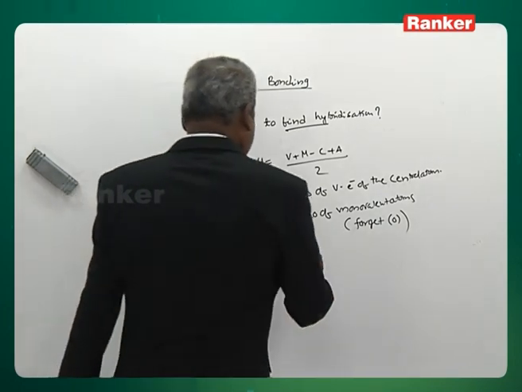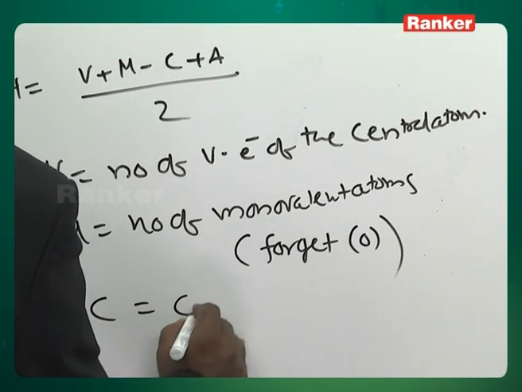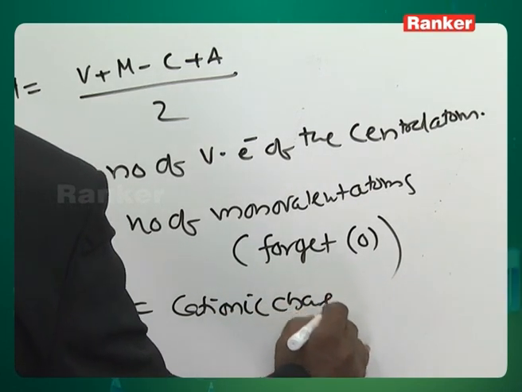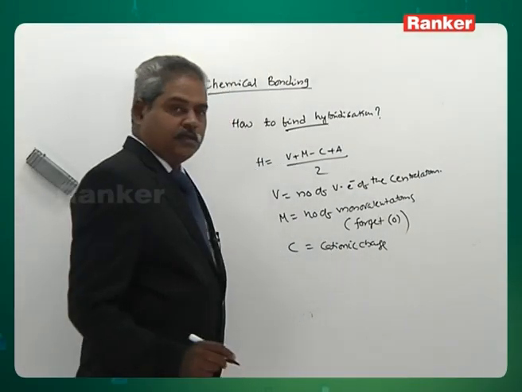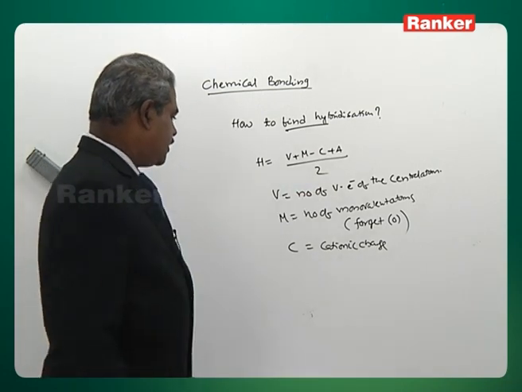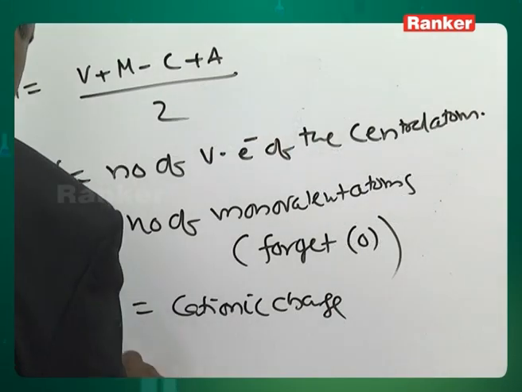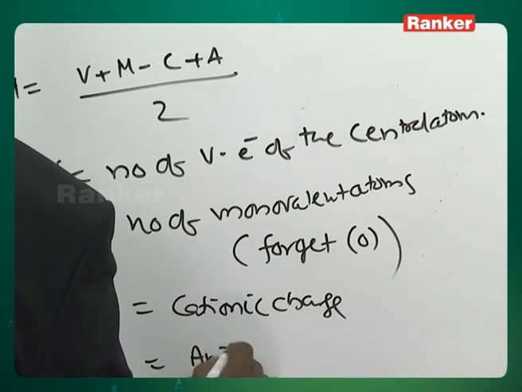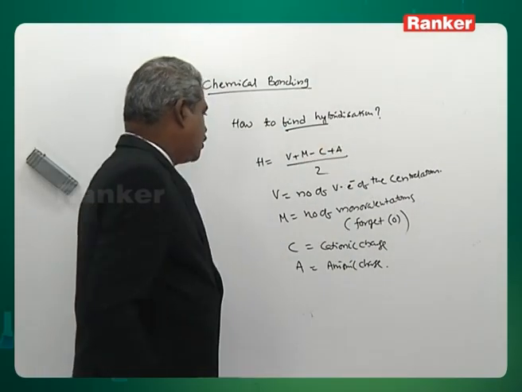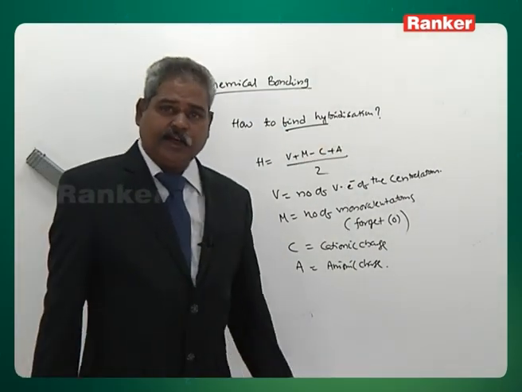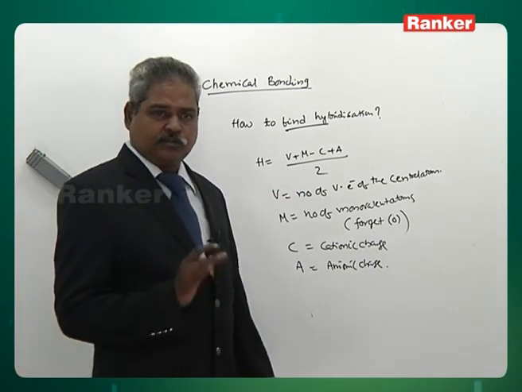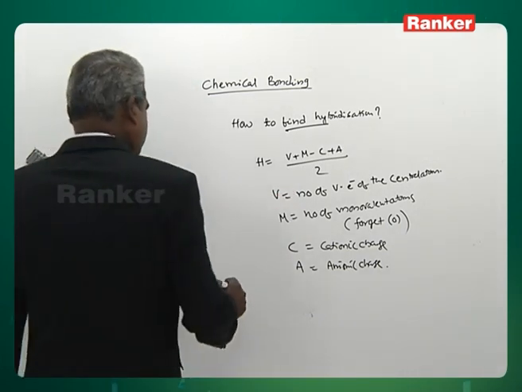Then C is the cationic charge, the charge of a cation. Suppose there is a positive charge, you subtract the charge. A is the anionic charge. This is some kind of a shortcut, no doubt, but we need a procedure, and this helps in finding almost 99.99% of the hybridizations.